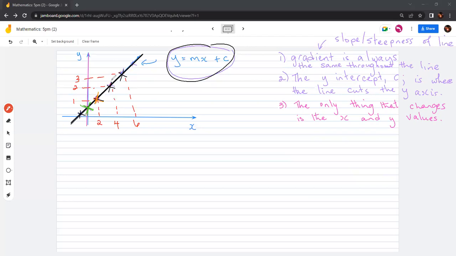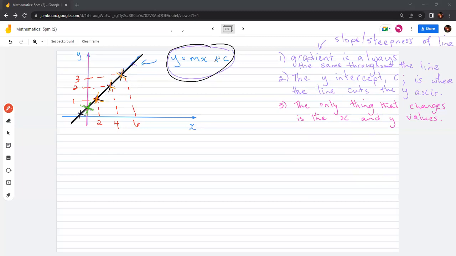Look at the second point here. My x value is 4, my y value is 2. Look at this third point. Remember, this line is formed by joining points on the line. That's how we form the line. If I were at this point, my x is 6, my y is 3.